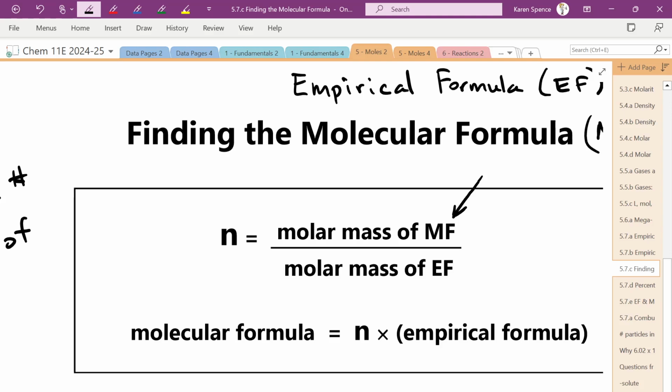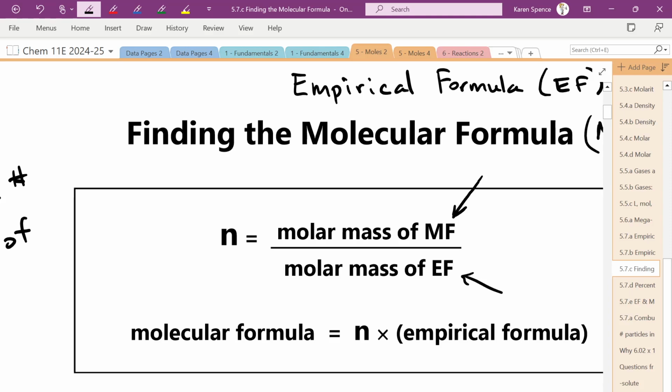Okay? And then if you know the empirical formula, which you have found by doing the calculations like you were just working on a few minutes ago, you can find its molar mass by just adding up the masses of the atoms from the periodic table. Yes? Okay.